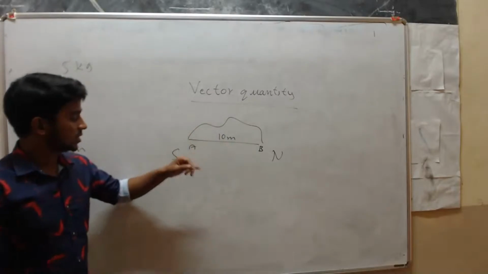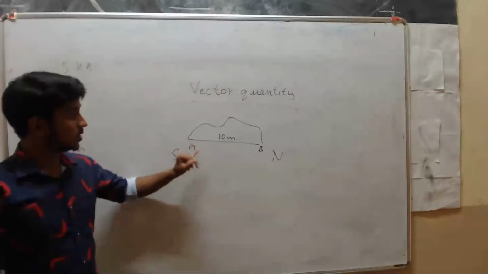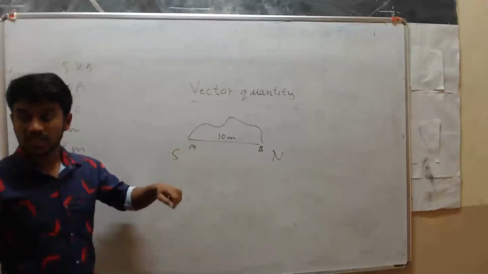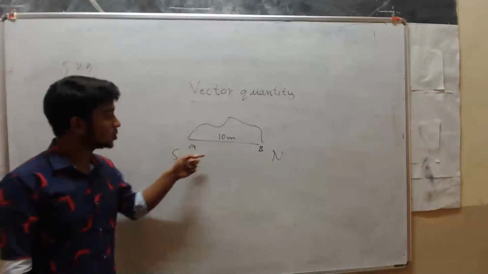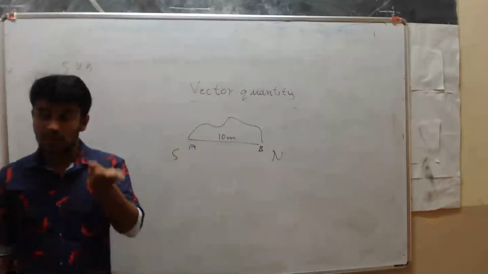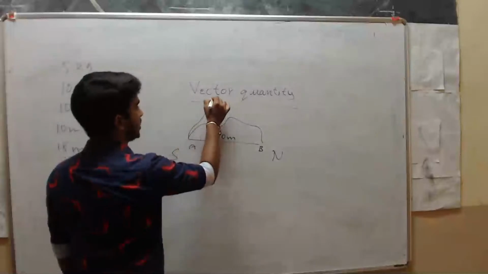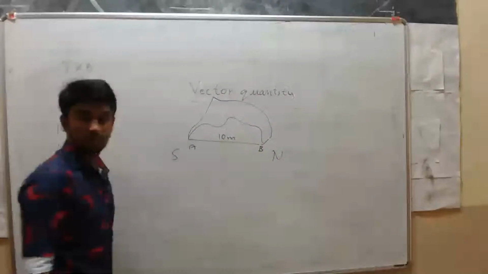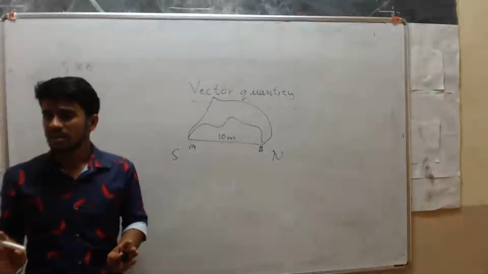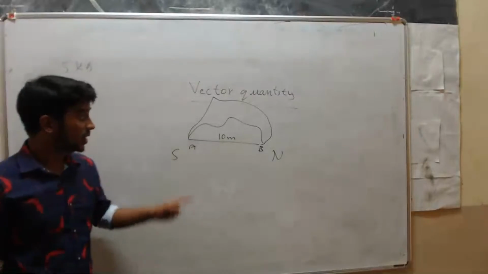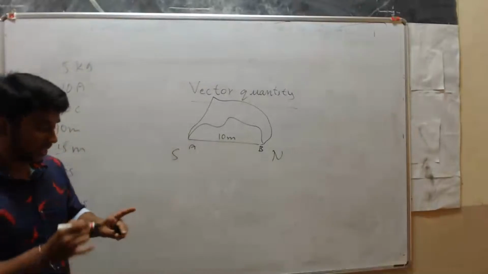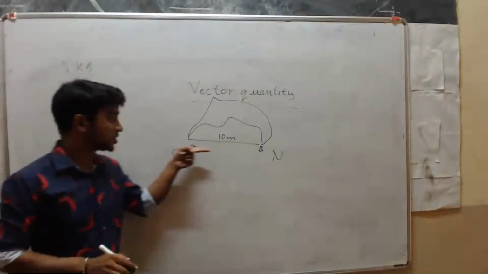Clear? So now, if you want to calculate displacement of that object, then that object should travel from south to north. See, while calculating distance, the object can travel anywhere, then it will reach B. Here no need of any direction. But for displacement, that object should travel in this straight path only.